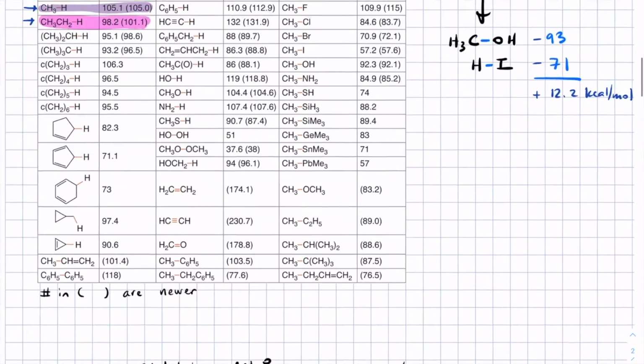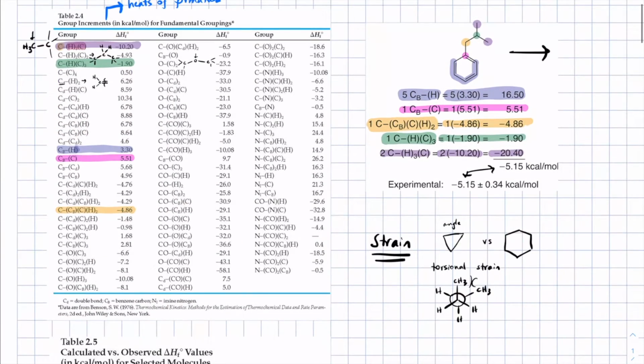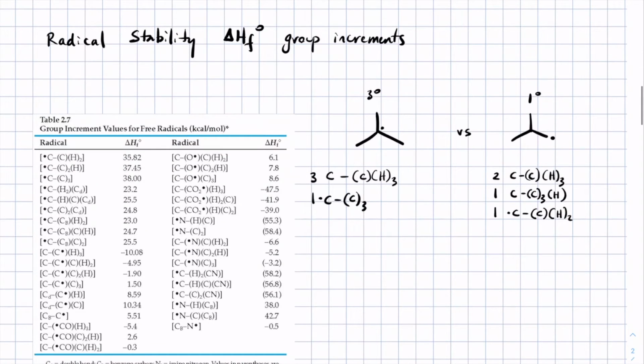So with this information, let me look up the numbers for the methyl group again: minus 10.2, and multiply that by 3.